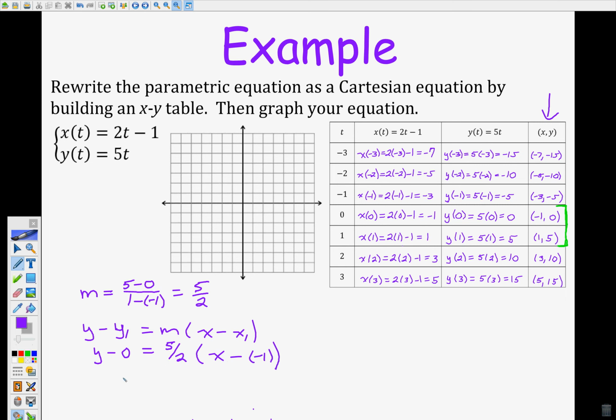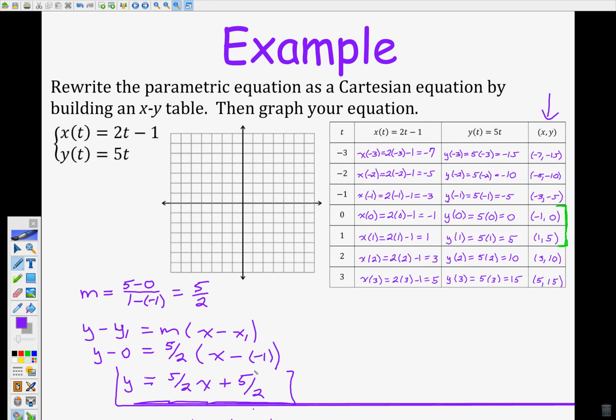So that leaves me with y equals 5/2, and I'm going to distribute this 5 halves. So 5 halves x, this double negative would be a plus 1, and 5 halves times a positive 1 is just 5 halves. And so this would be my Cartesian equation.